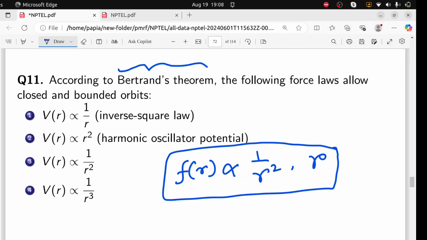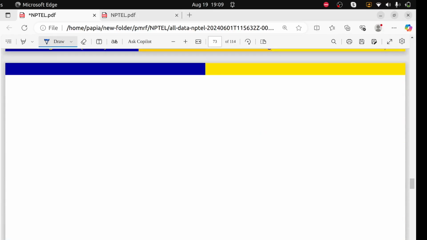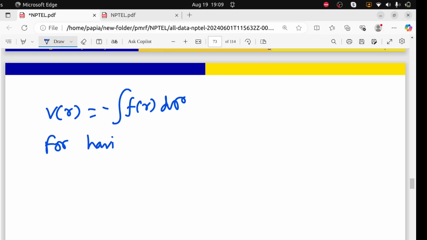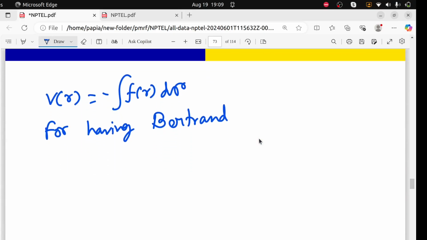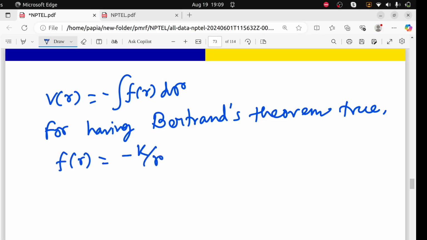But you can see here these are given in terms of V, so quickly we will calculate V of r, which is nothing but integral of Fr dr. For Bertrand's theorem to be true, f of r should be, let's say, minus or plus k by r square.